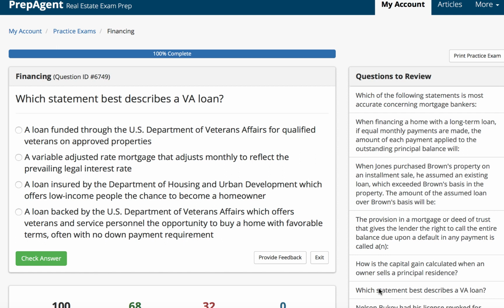A loan backed by the U.S. Department of Veterans Affairs, which offers veterans and service personnel the opportunity to buy a home with favorable terms, often with no down payment requirement. Well, I know VA loans don't have a down payment requirement. So A and D both sound good. I would say the last one.